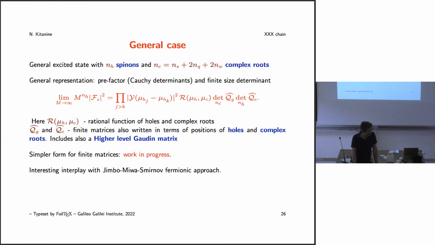So the correspondence between these two pictures is not clear to me yet, and it's a very interesting question. What is the correspondent of what we do straightforwardly from the existing determinant representation to their nice fermionic approach? That's a big open question.